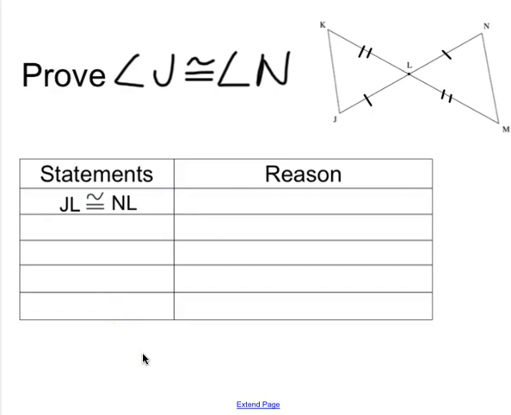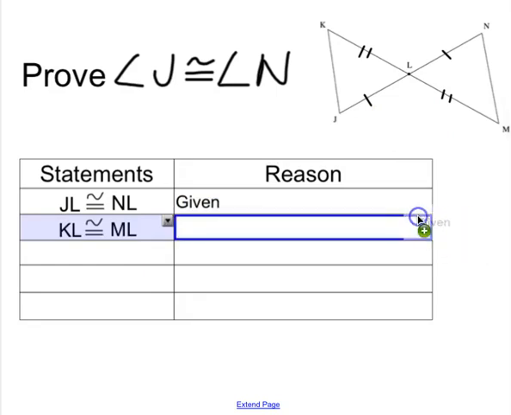And then the reason would be that it is given. I have another piece of given information with these 2 double tick marks, so I know KL is congruent to ML. Let's write that in this statement, and the reason would be it's given.